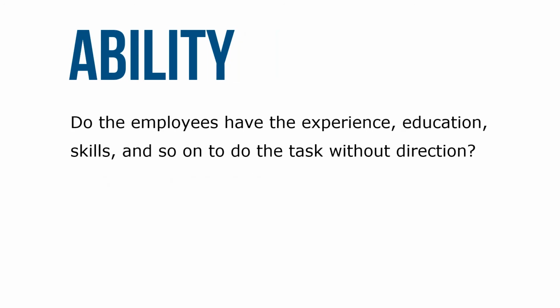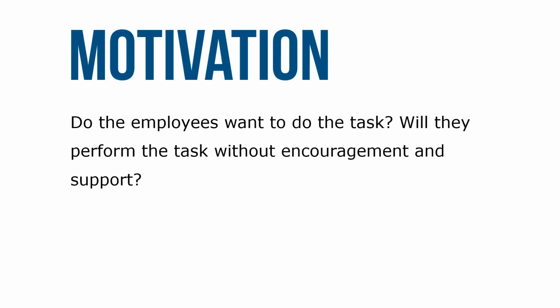There are two distinct aspects of capability. Ability: do the employees have the experience, education, skills, and so on to do the task without direction? Motivation: do the employees want to do the task? Will they perform the task without encouragement and support?